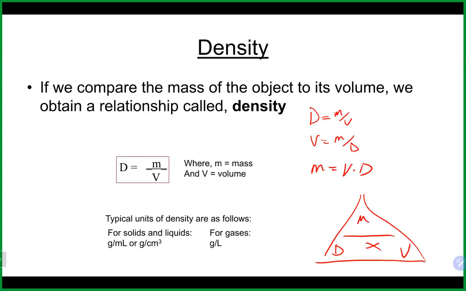So density is mass over volume, volume is mass over density, and mass is density times volume. You need to be able to rearrange that equation and solve for any of those things. Very commonly, we solve for all three: mass, density, and volume. Probably very similar to what you did in that experiment last week.